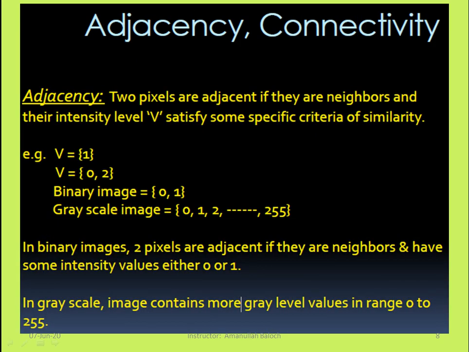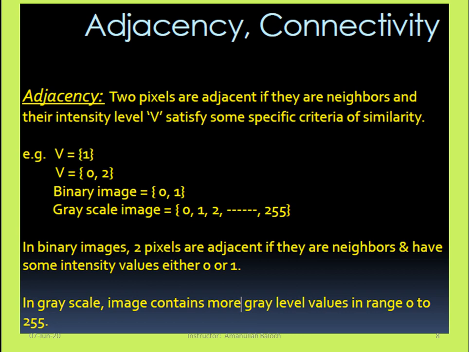So N8 of P is equal to N4 of P plus ND of P. Adjacency: one pixel is adjacent to another. Let's suppose I say that the room to the right, towards the left, is adjacent to this room where I am sitting right now. It means the adjacent room has a common wall between the 2 rooms.